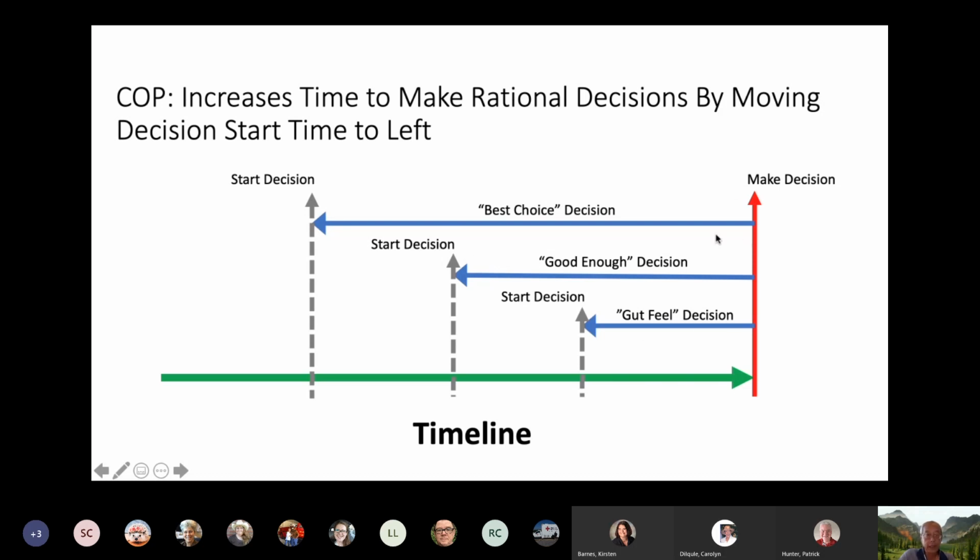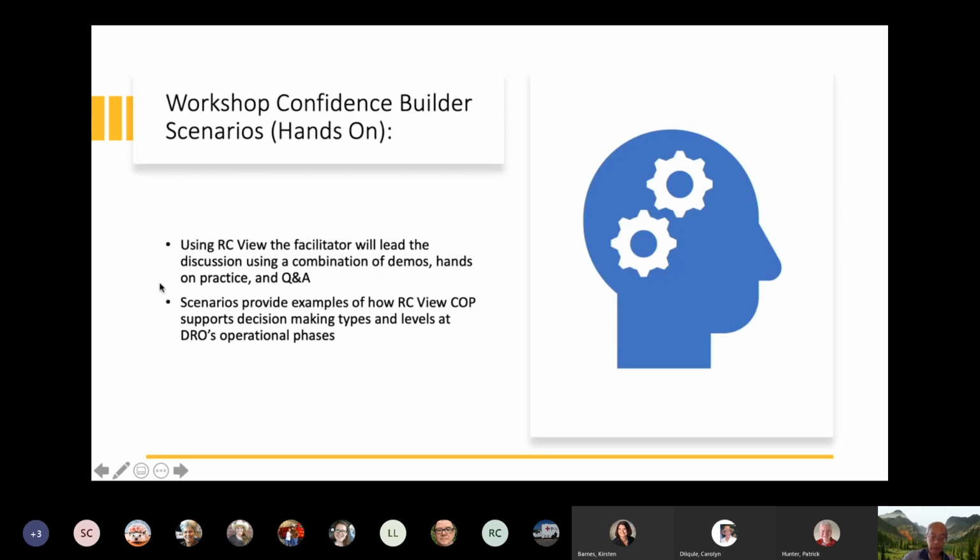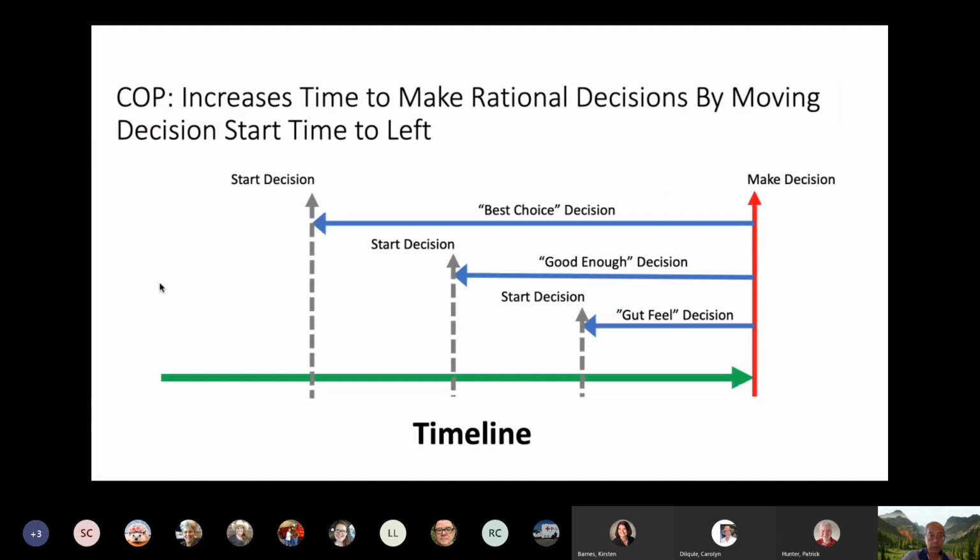Ideally then, what you're trying to do is keep your common operating picture up to date with the information that I discussed, and move the decision start time to the left as much as possible, allowing the widest opening window for the decision makers to make that best choice, that rational choice. Okay. So that's the theory. Before I go into the actual scenarios, any questions?